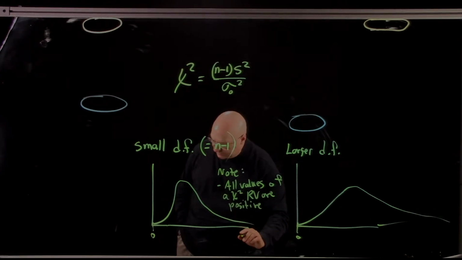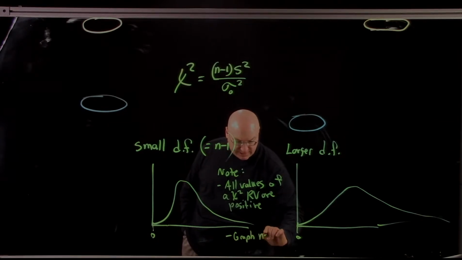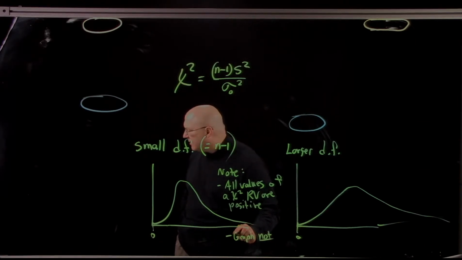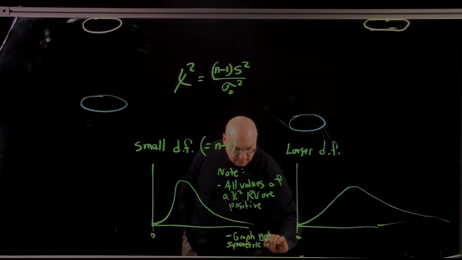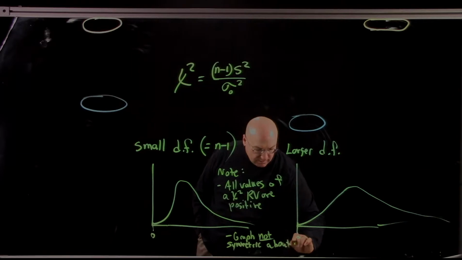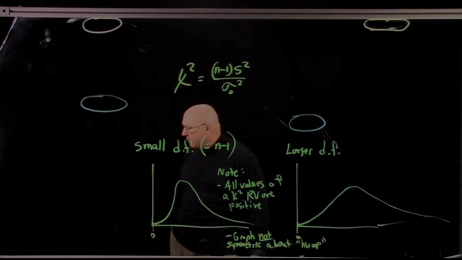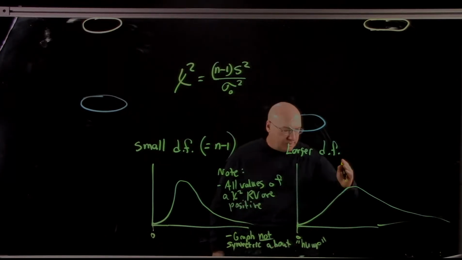And the graph, the probability graph, is not symmetric about the hump, even though it kind of looks like, almost like it is over here.